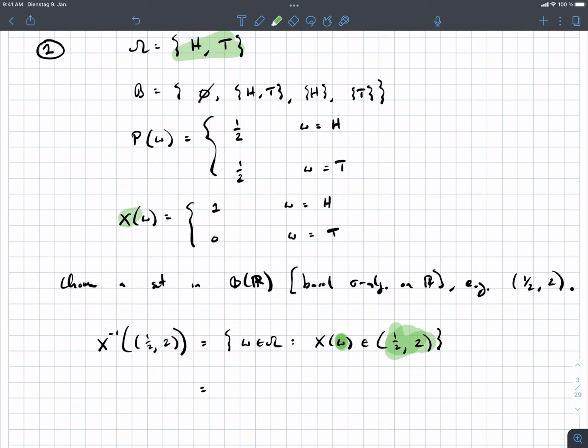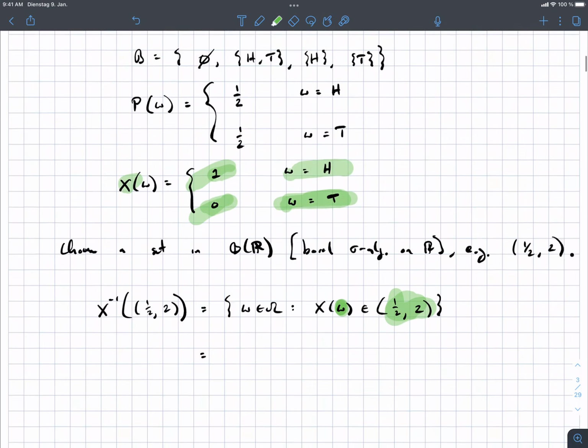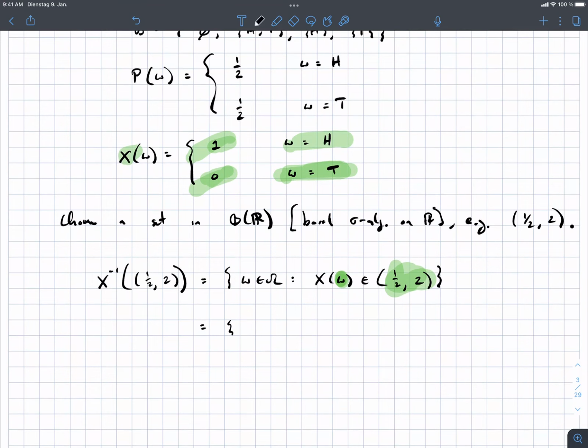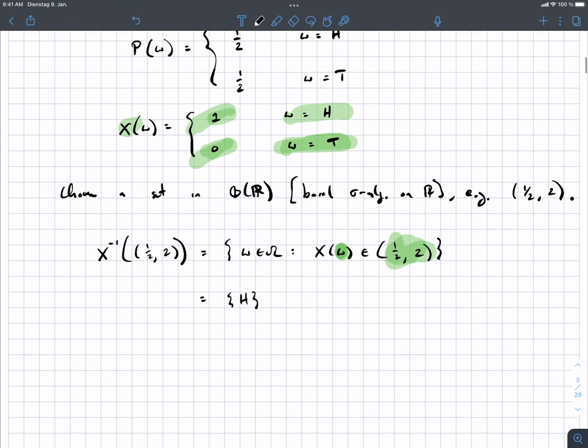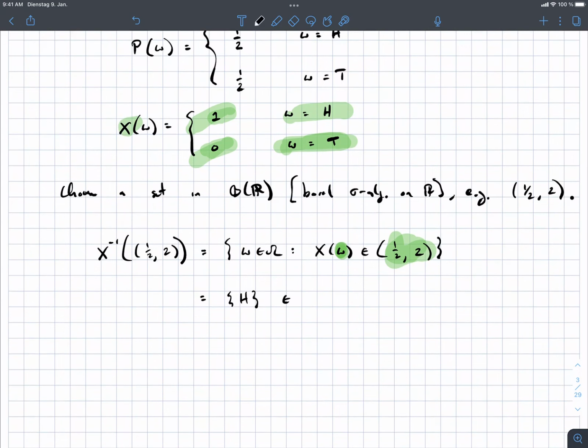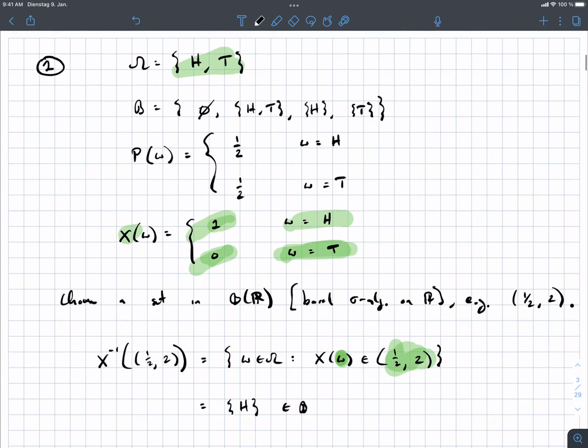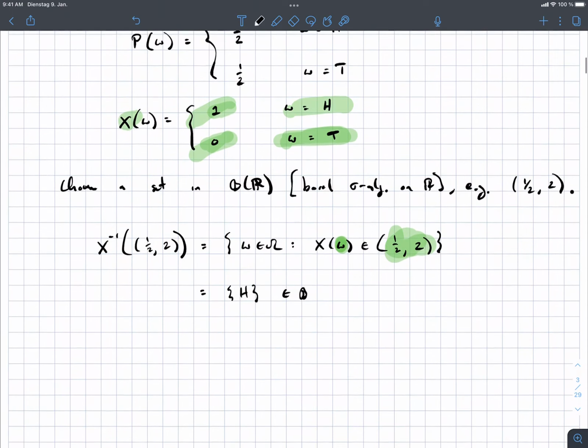Well, x can only take the values 0 and 1. It takes the value 0 when I observe tails. It takes the value 1 when I observe heads. So this is just going to be heads. And I see that that is a set in my original sigma algebra.